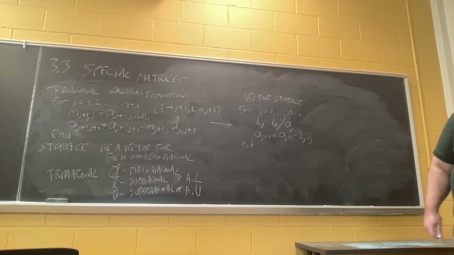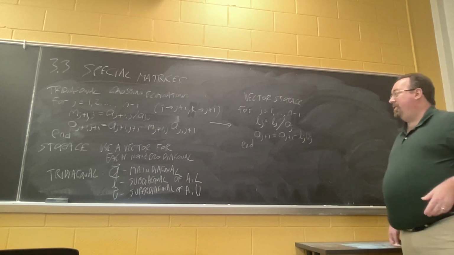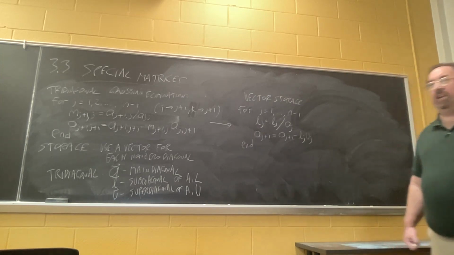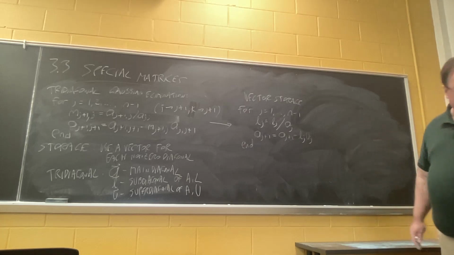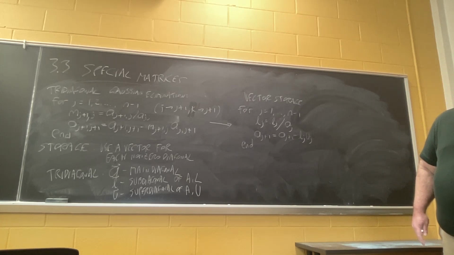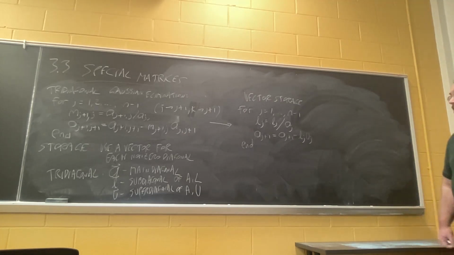In the notes, I have stripped down versions of forward and back substitution, same idea, where you remove any unnecessary loops and then use this vector storage. Questions about how this was heavily condensed?